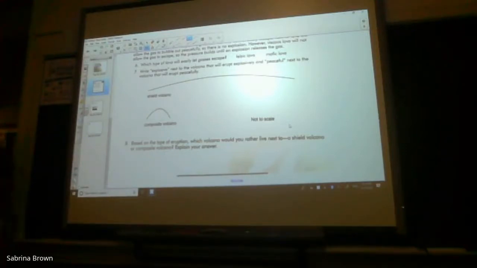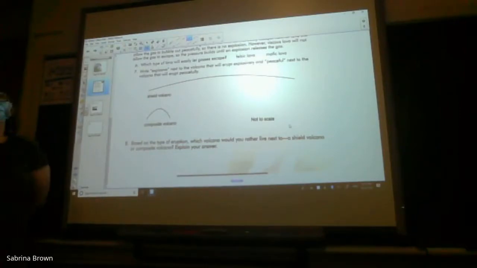So which one of these formed from flowy, runny lava? The one that lava spreads out a bunch, or the one where it's all stuck in one place? Composite. Composite is runny lava or viscous lava? Runny.